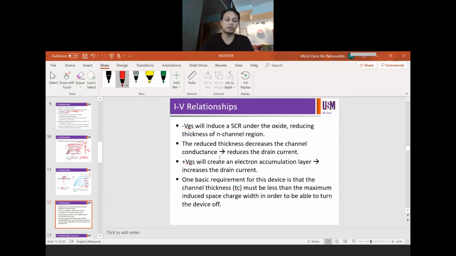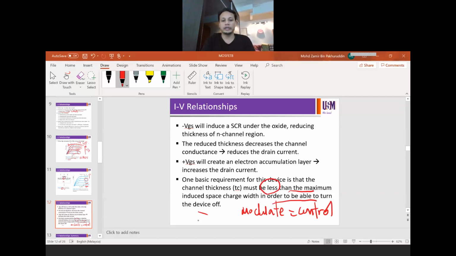Modulate is equal to control. You can modulate the channel thickness by controlling the VG, either positive or negative, depending on enhancement or depletion. One basic requirement for this device is that the channel thickness must be less than the maximum induced space charge region in order to be able to turn the device off.